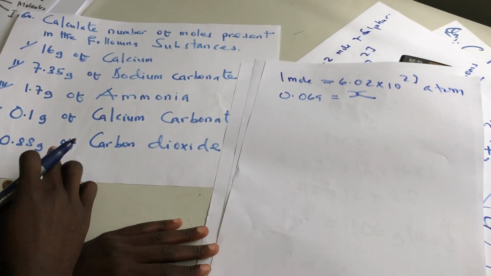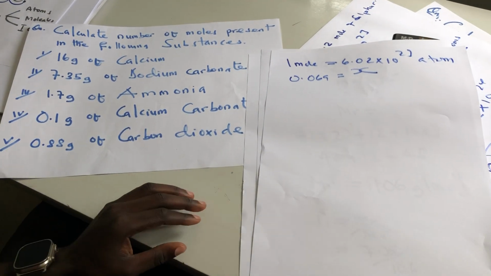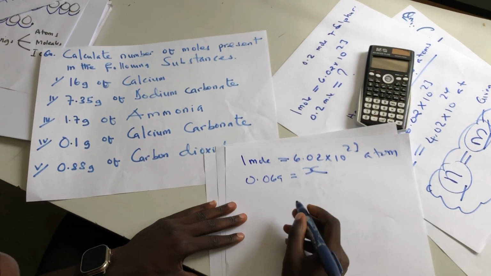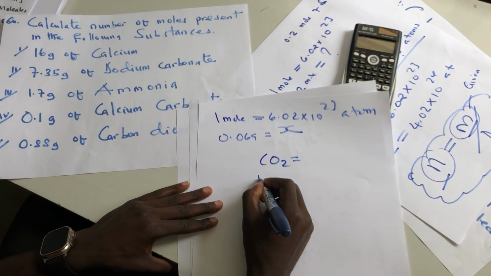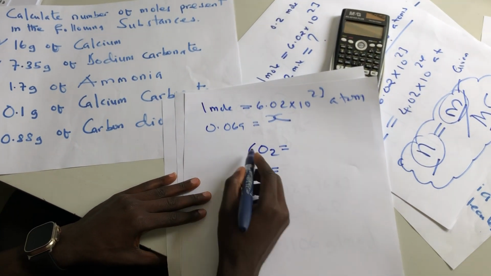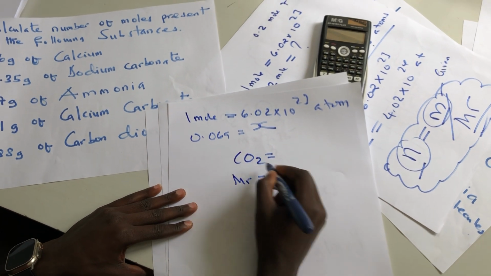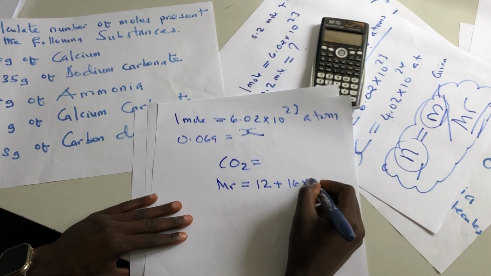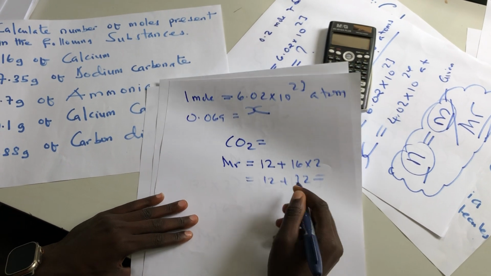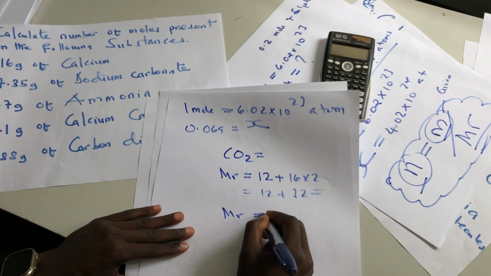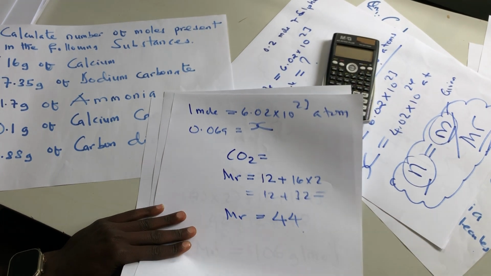Calculate the number of moles present in 0.88 of carbon dioxide. So you have to write the structure of carbon dioxide. For this one, you find the molar mass of carbon dioxide. Carbon is 12 plus oxygen, 16 times 2. So it equals 12 plus 32. Then the molar mass equals 44.